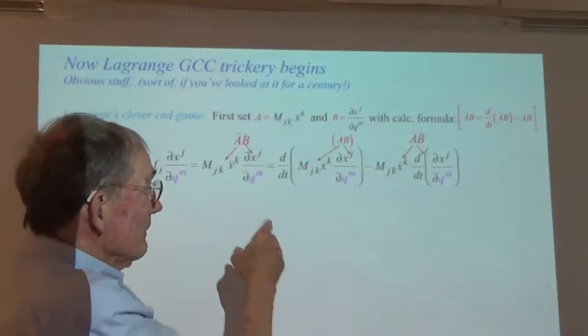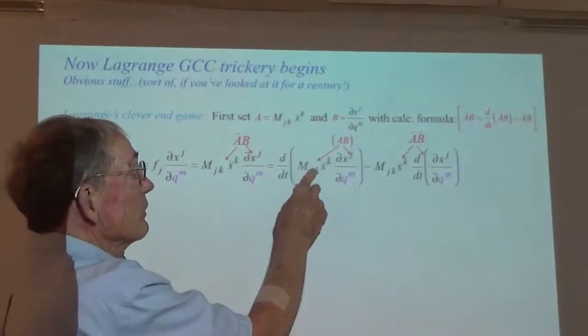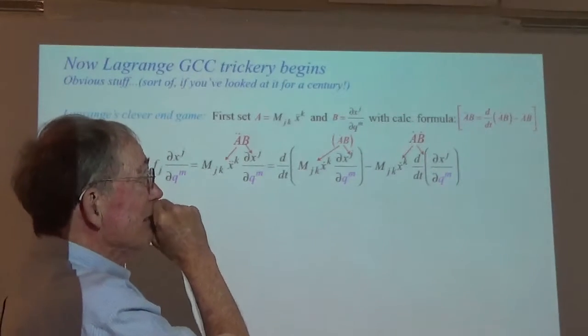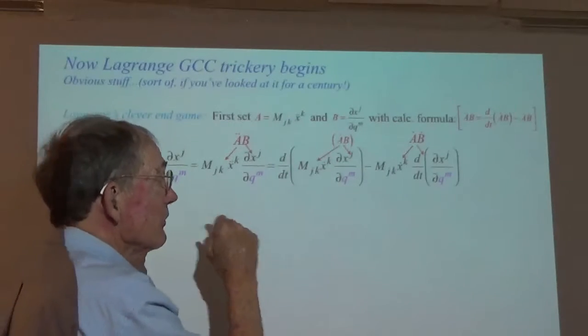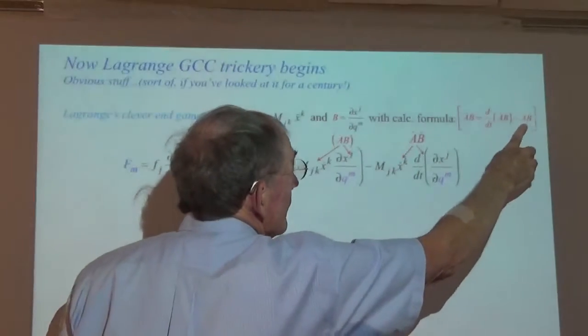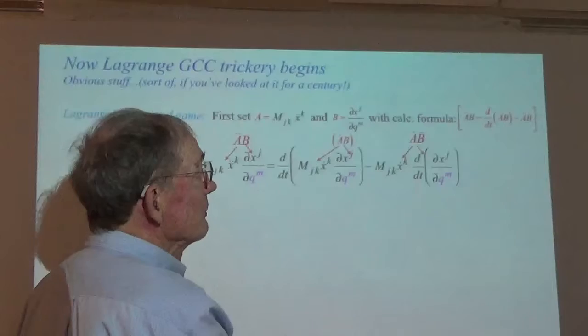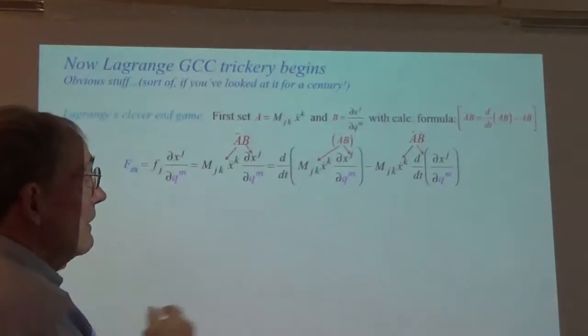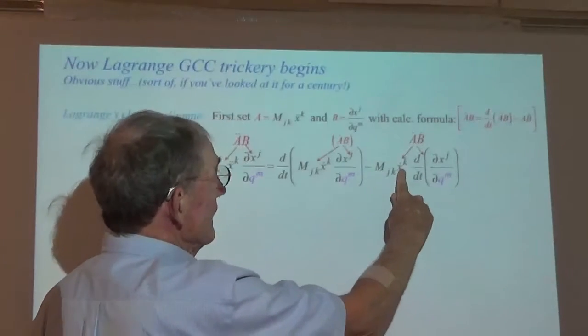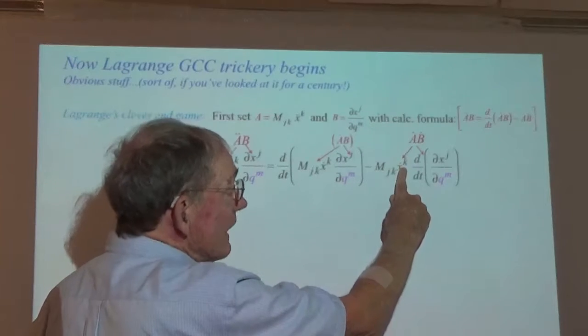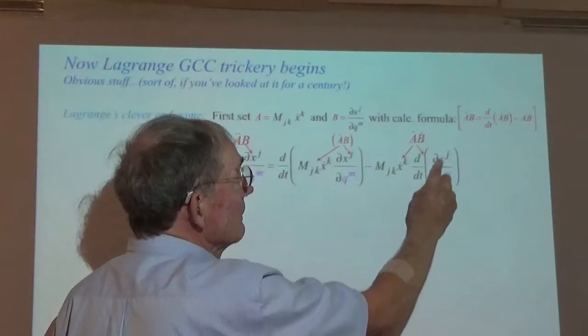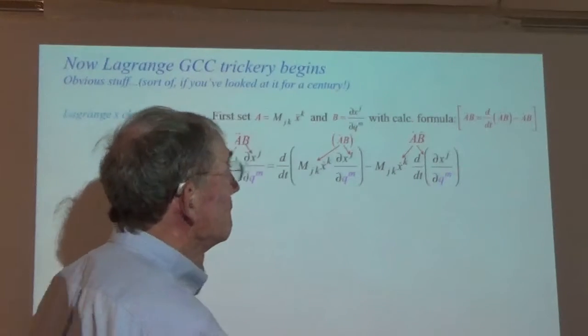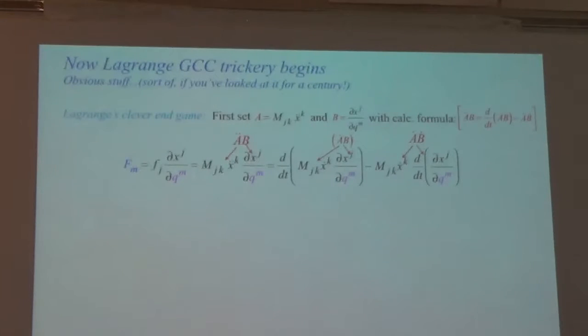But we don't have that situation. These are constants, so we can do that. And it's also true for the one that has 2 time derivatives there. This is the time derivative of the x right here. That's A dot. Then here's the time derivative of a Jacobian, the B. That's this guy.